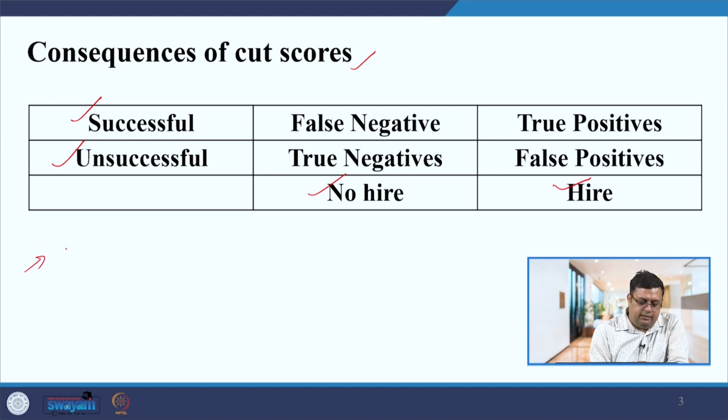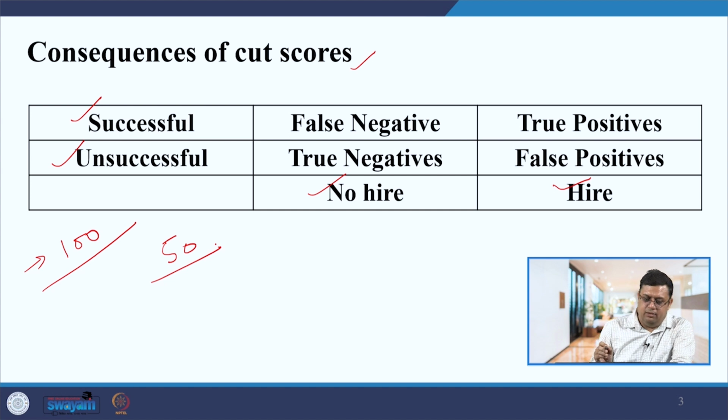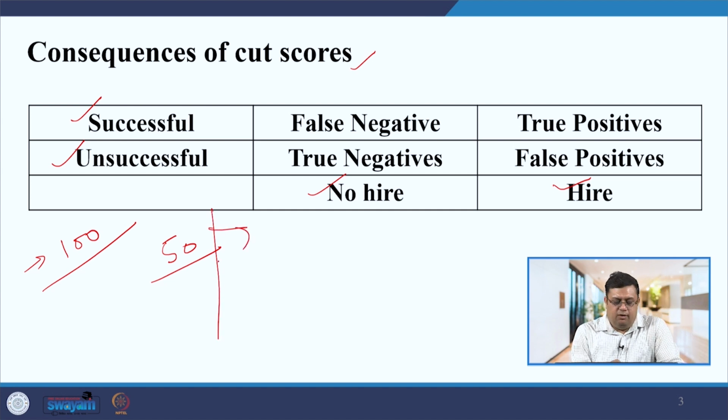Here 100 marks are there, and out of 100 we have kept the cutoff score at 50, but above 50 only 5 participants are qualifying, while we need 10 participants.